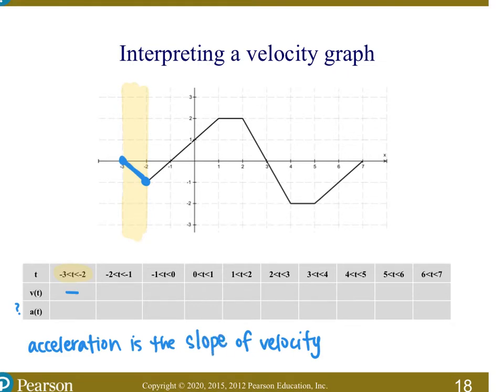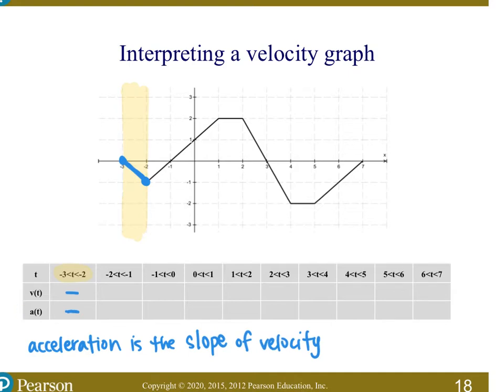So the acceleration is the slope of the velocity. Okay, as we look at this graph, we can tell it goes down 1 over 1 in that section. And so we would put that it has negative acceleration. Now you don't have to put what it is, you don't have to put down 1 over 1, just positive or negative is all we need.